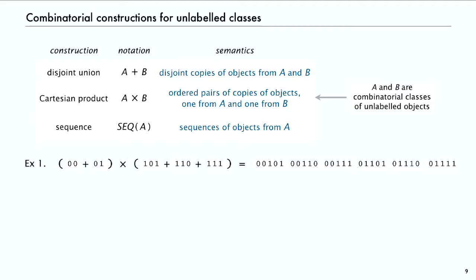And if we do the Cartesian product of those, we have to take each possibility on the left in sequence with each possibility on the right. So there's 6 possibilities there. So that's an example of a use of the Cartesian product and disjoint union operations. So here's one just with unary numbers. An atom, Cartesian product with a sequence of atoms gives that list.